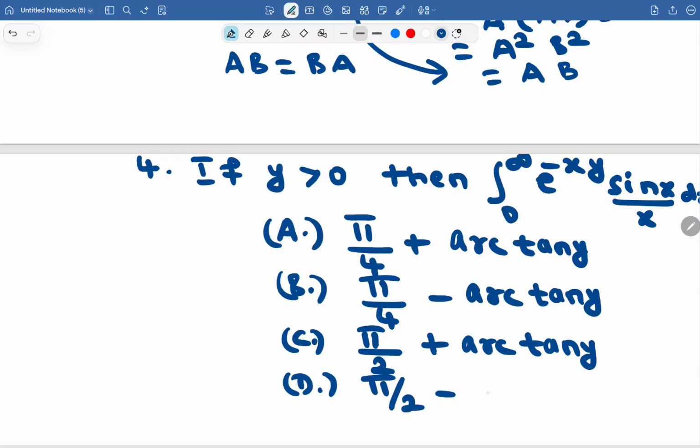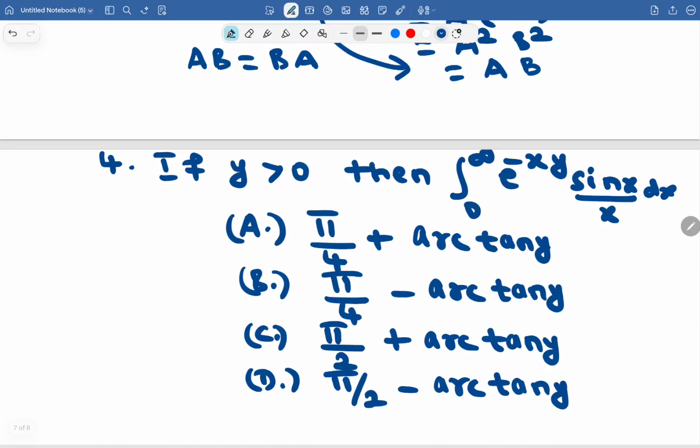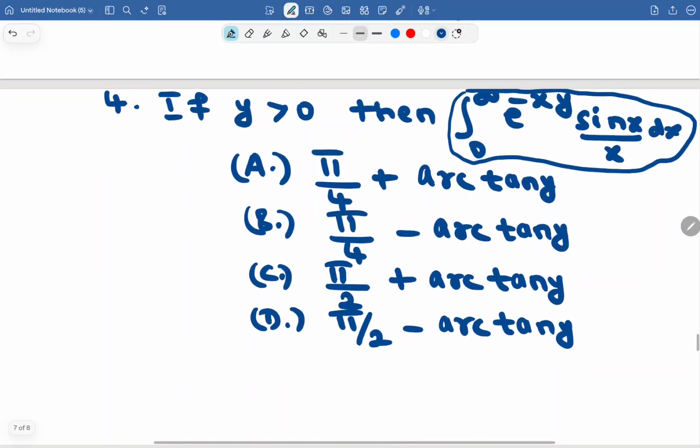Option D, pi by 2 minus arc tan y. In this problem, we have to find the value of the integral 0 to infinity e power minus xy sin x by x dx.